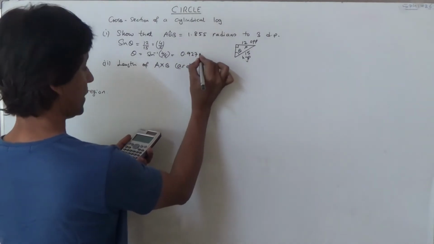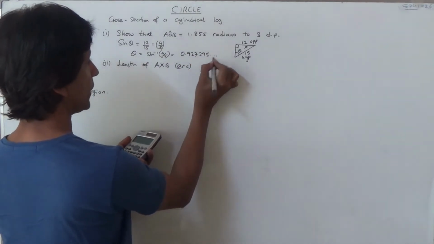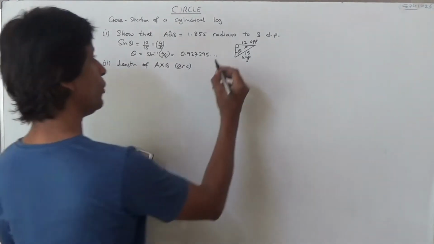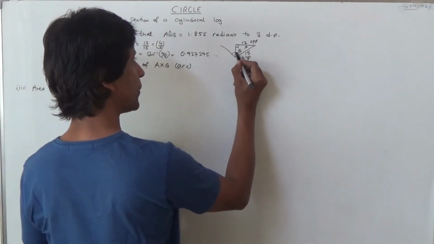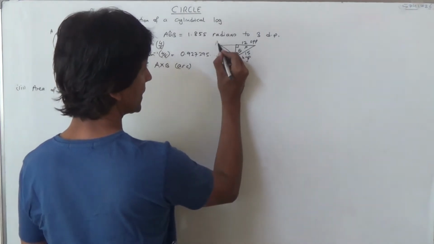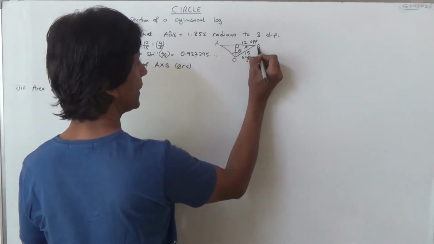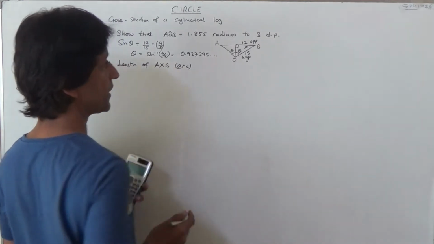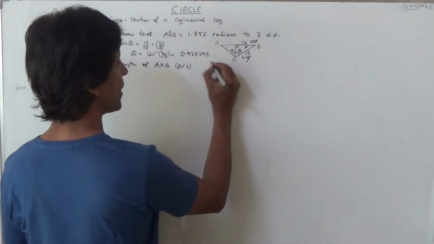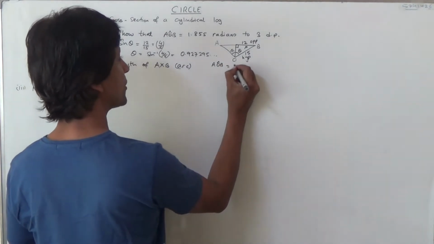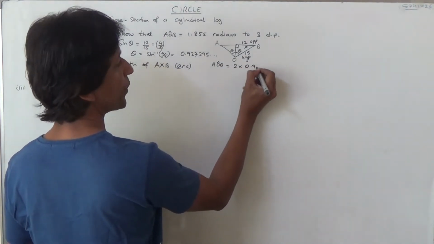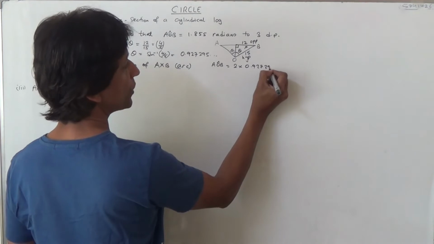0.927295, and so on. Now, if you were to find the angle AOB, which is this part and this part together, you just simply have to have a theta here as well. So that's going to be theta multiplied by 2. So to find AOB, we take 2 times 0.927295, and so on.